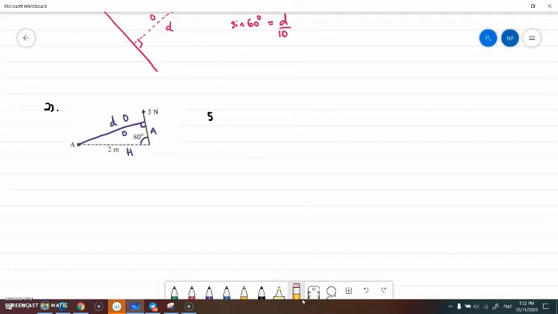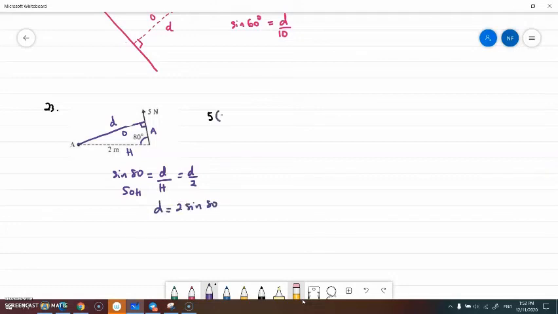So if we want to find D, should we use the same sine? Yes, sine theta is opposite, D, over H. H is 2, so we're going to find D. D is 2 sine 80.